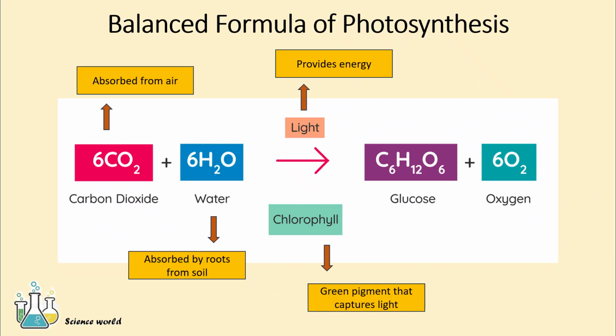So let's see the formula of photosynthesis. In the photosynthesis process, 6 carbon dioxide molecules react with 6 water molecules in the presence of light and chlorophyll and produce glucose as the main product. And also 6 molecules of oxygen are produced as the byproduct in this reaction.